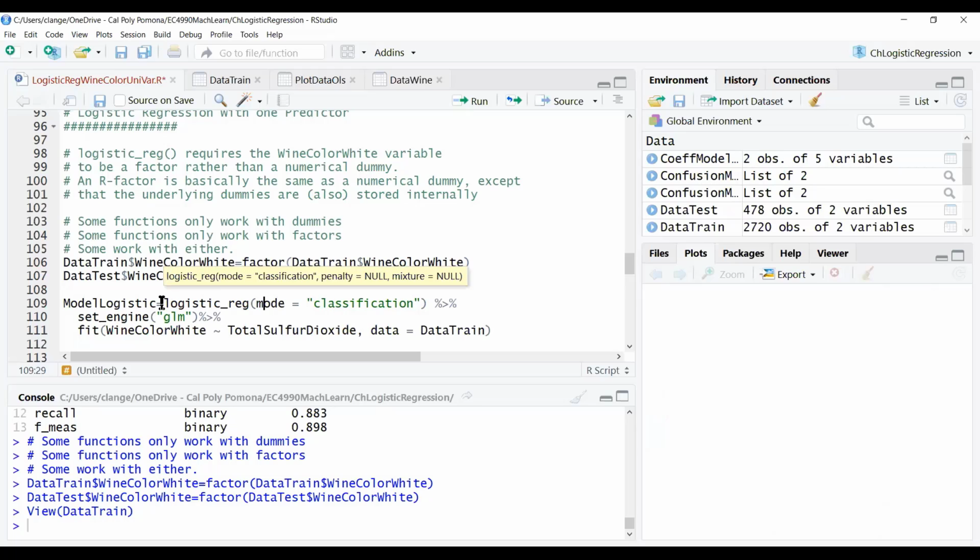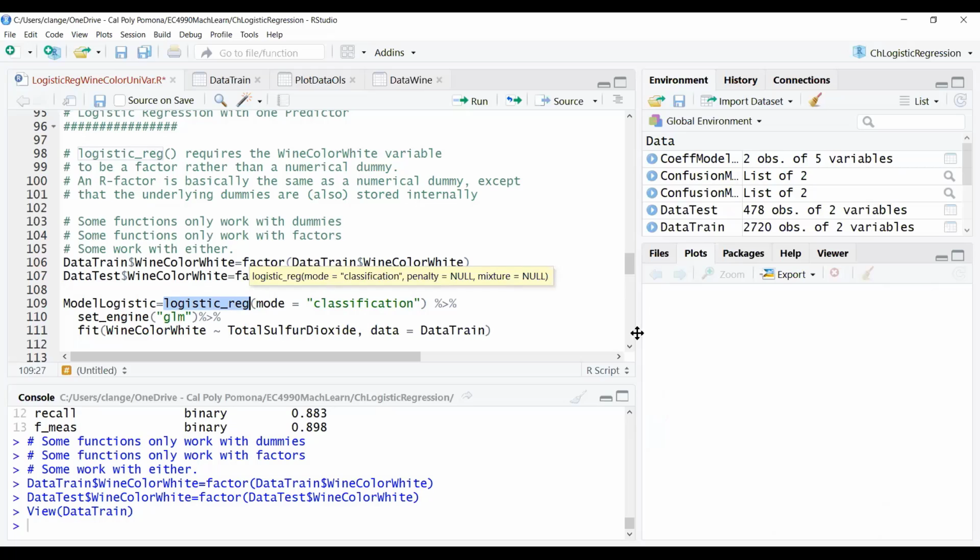Well, like before, logistic regression is the name of the model that I want to run. I have to determine the mode. The mode is now classification because it's a factor variable. I set the engine to GLM. That means this is a package where the logistic regressions can be found.